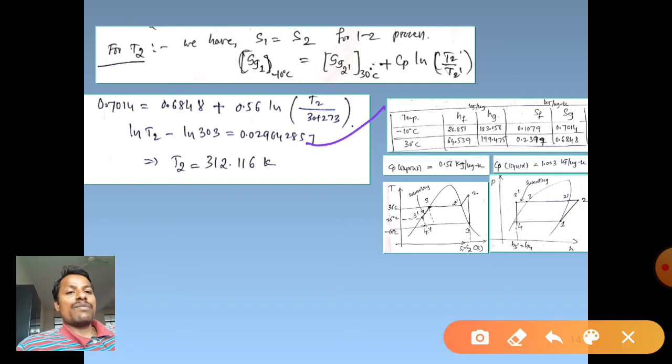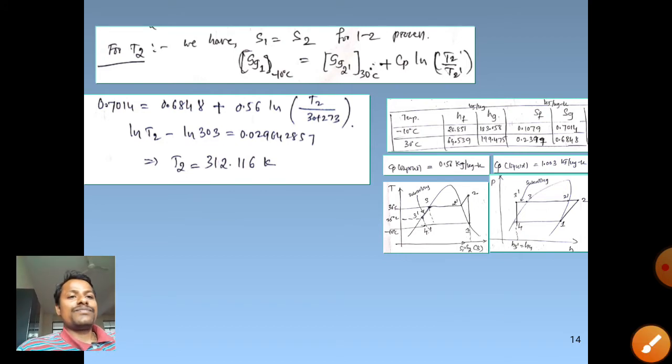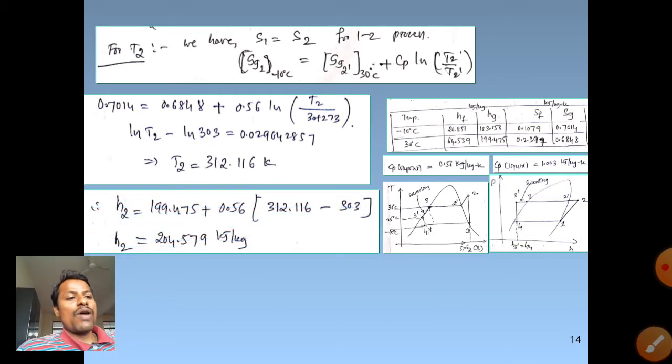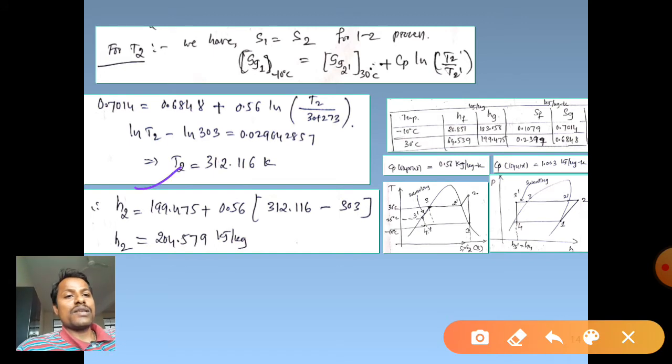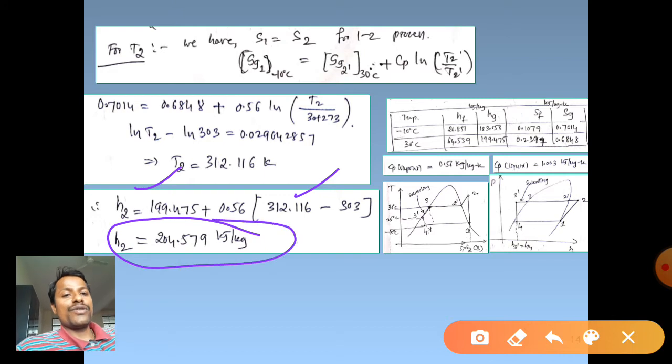Using mathematics, I am able to calculate the temperature as 312 Kelvin. Now I am able to calculate H2: I substitute T2 here, and the enthalpy at state 2 is calculated.